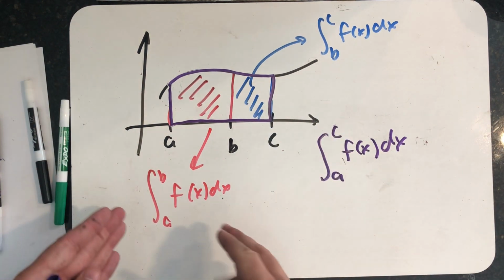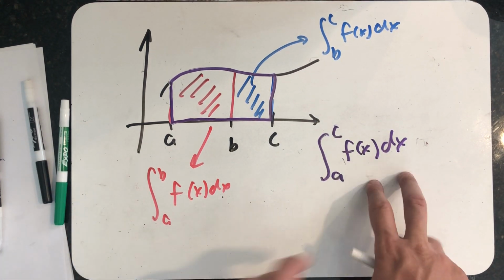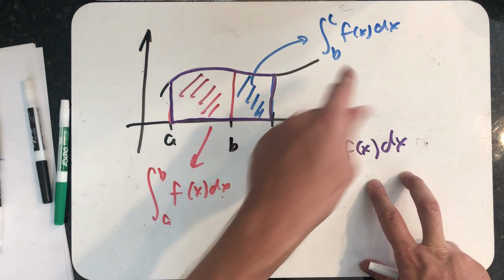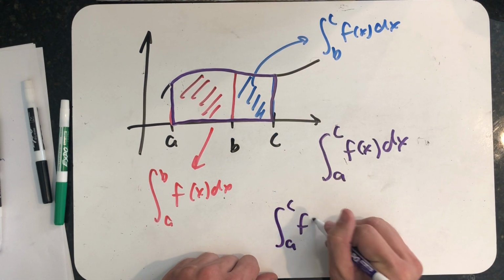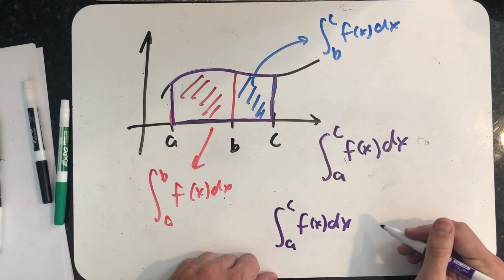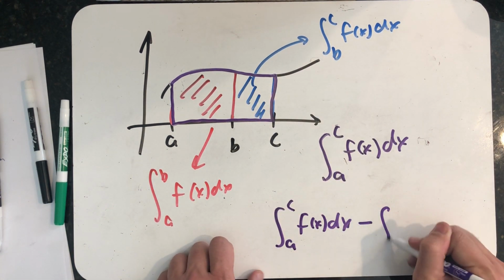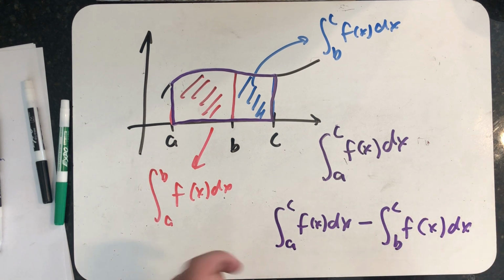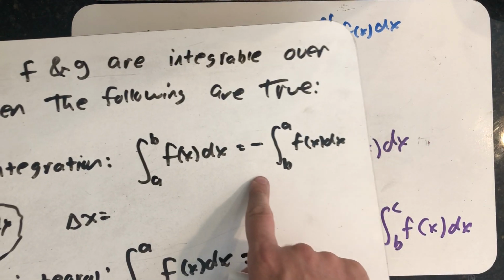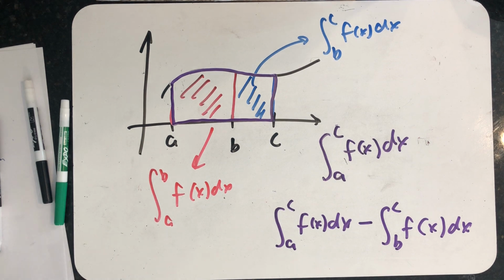And so, let's just talk about the integral from a to b. Well, this is too much, but it's too much by exactly that amount. So I could take the integral from a to c, take away the integral from b to c. Now if I apply my very first rule, order of integration, I swap the order on this second one.